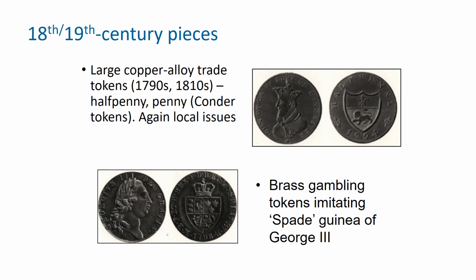The preceding spate of provincial tokens occurred between 1787 and 1796. These are also quite big and have milled edges. They come in halfpenny and penny denominations, and they feature large images and long legends, including often around the edge. They are generally called Conder tokens after James Conder, a contemporary collector and cataloguer from Ipswich.